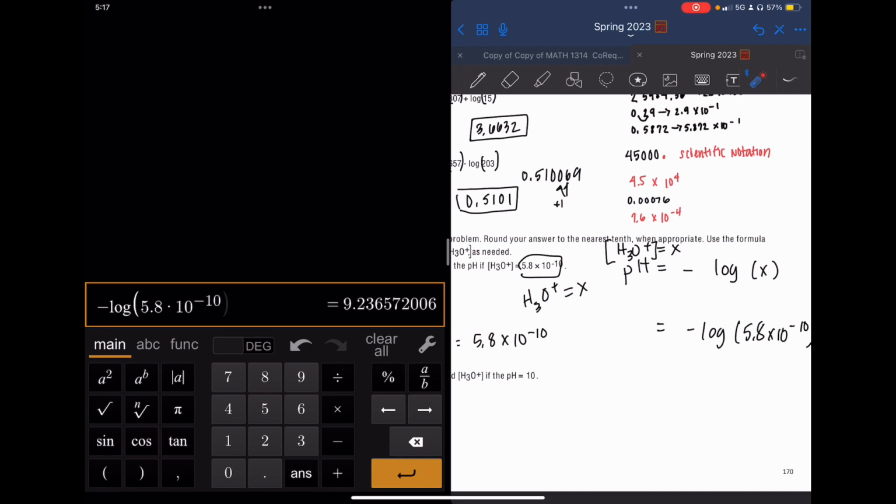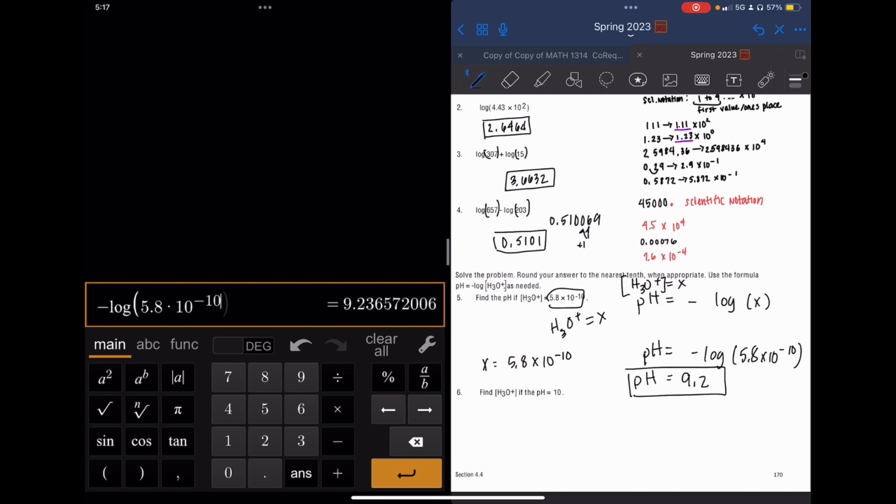So that means our pH is going to be 9.2. And all this was equal to pH. And that's number 5.